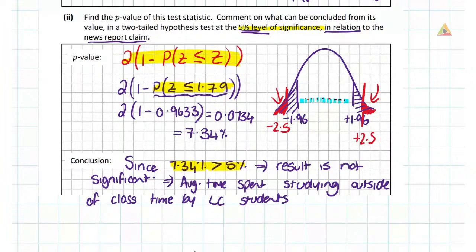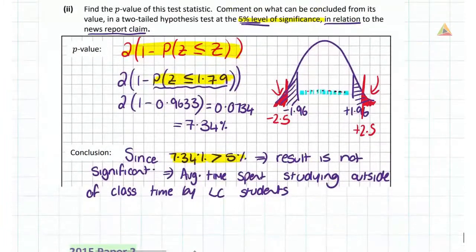So we can conclude that the average time spent studying outside of class time by Leaving Cert students is in fact 21 hours.